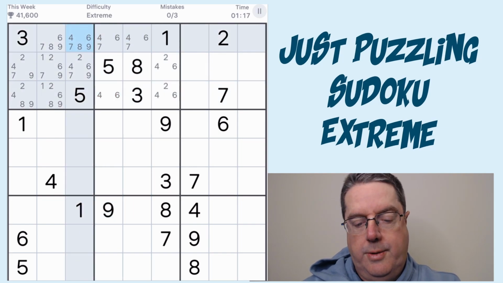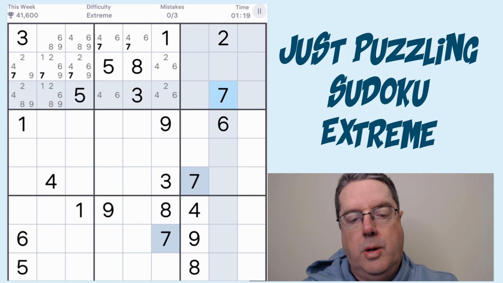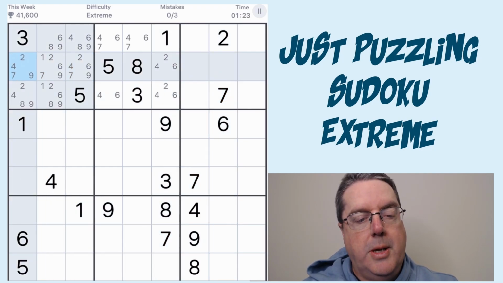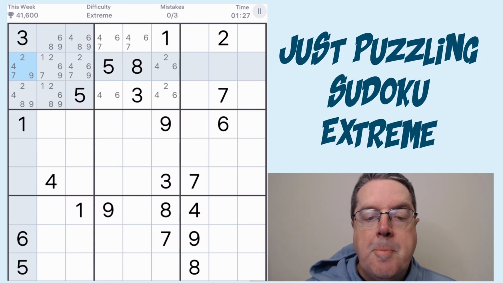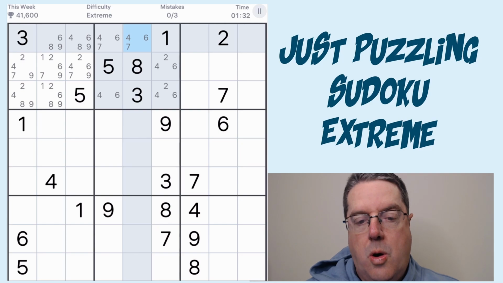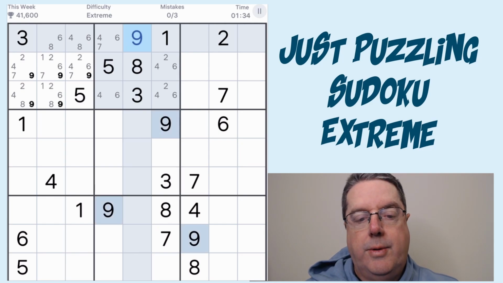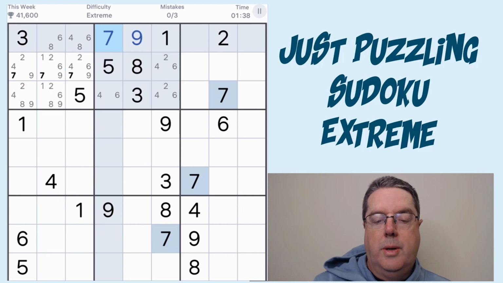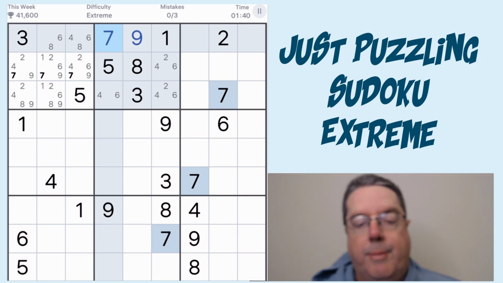So I'm going to take the 7s out of there because 7 can only be in the top row there because of that 7 and that 7. So that means that's where the other 7 can be in the first box. 8 and 9, and look at that. So 9 has taken care of itself, which means that 7 has taken care of itself, and now we know that they're the numbers that we have.